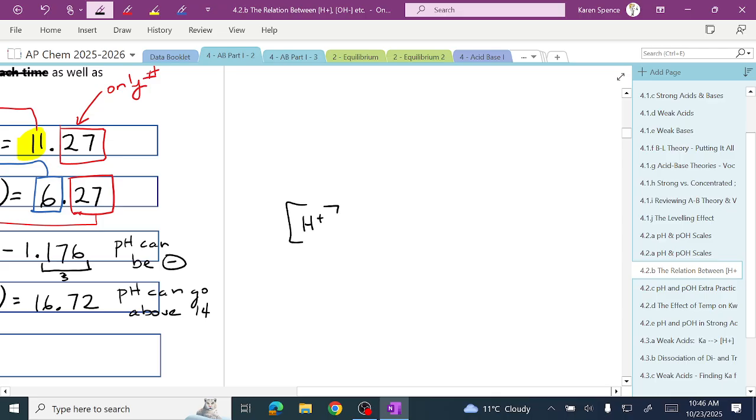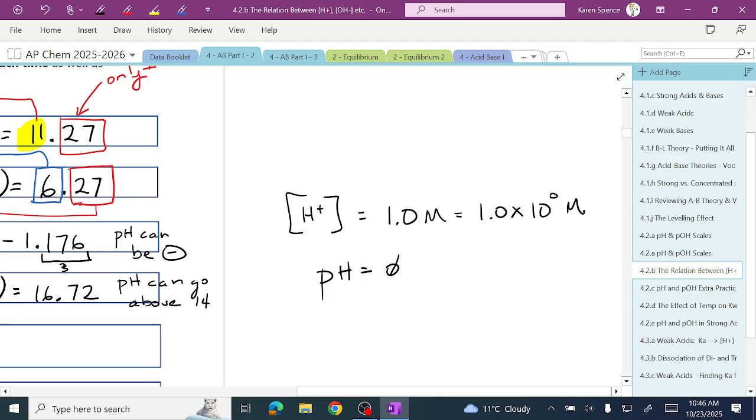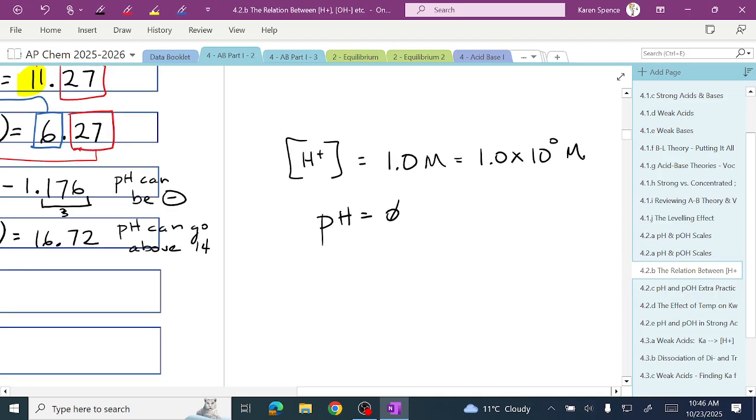If concentration of H plus is 1 molar, that is 1 times 10 to the 0 molar, yes? So the pH is going to be 0, yes? Now, let's say I have 10 molar, concentration of H plus is 10 molar, that's going to be 1.0 times 10 to the 1 molar.